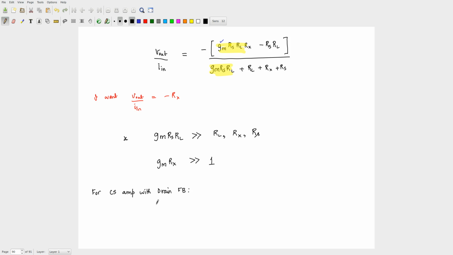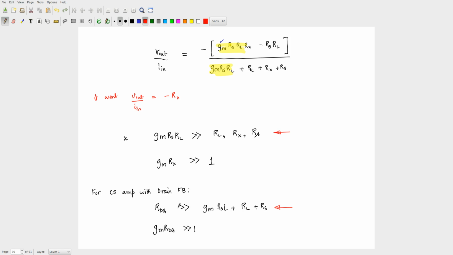So you had an RDG, which was your R large. That is the equivalent to your Rx, and we wanted that to be greater than Gm Rs RL plus Rs, and we wanted Gm RDG again to be greater than 1. Okay, so the main thing that is differing between these two is this condition.